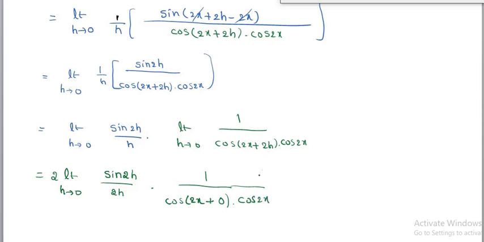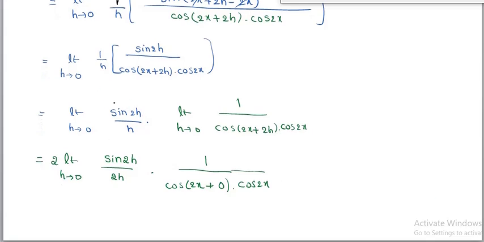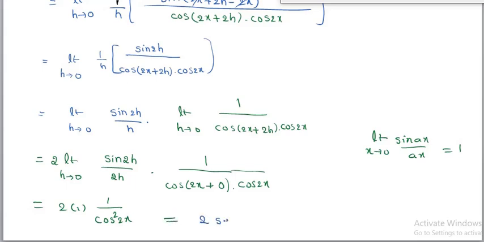The h value substituted with 0. If applied in sine, the total term becomes 0, so it is not considered. So limit h tends to 0, sin ax by ax equal to 1. So 2 into 1, 1 by cos square 2x. The last line: 2 into 1 by cos square, written as secant square 2x. Write down. Very, very important.